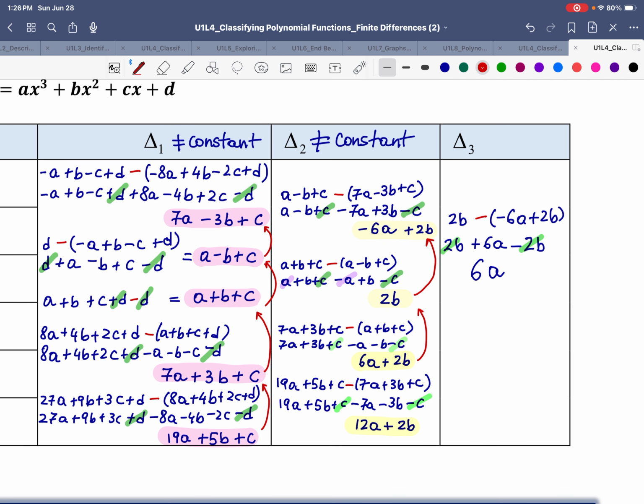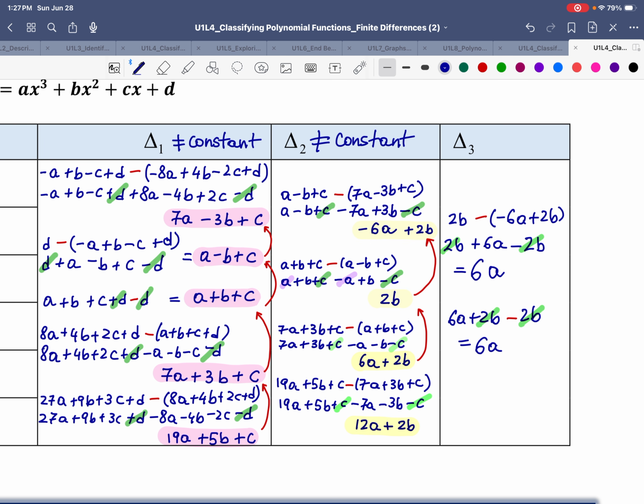We have 6a plus 2b, and then subtract 2b. We don't need brackets. We're subtracting only one term, so a monomial. And you see again that we have the two b's simplified to a 0, and we get 6a as delta 3 for this pair.